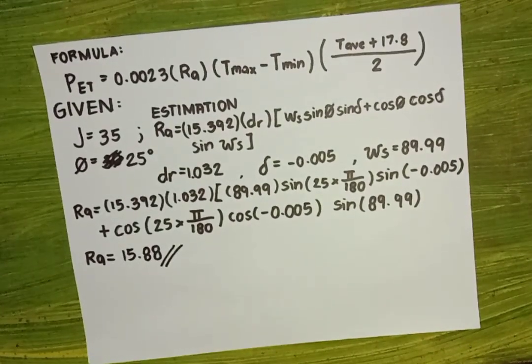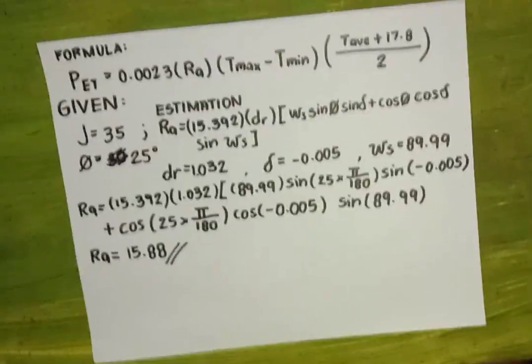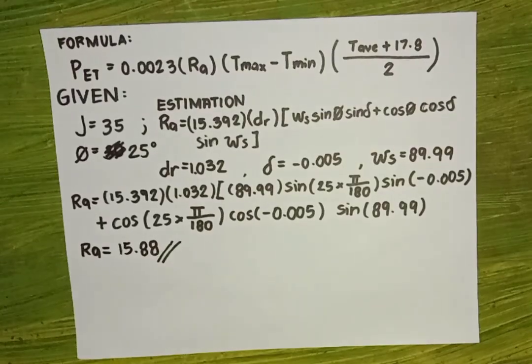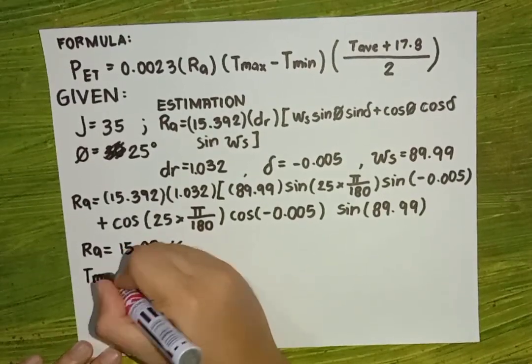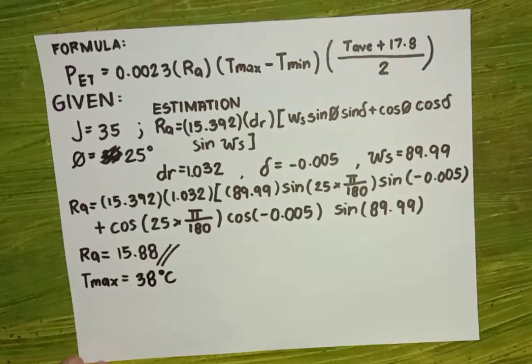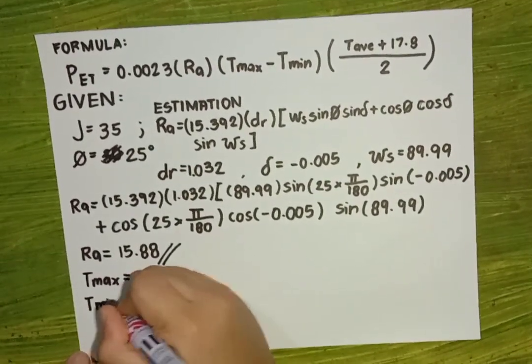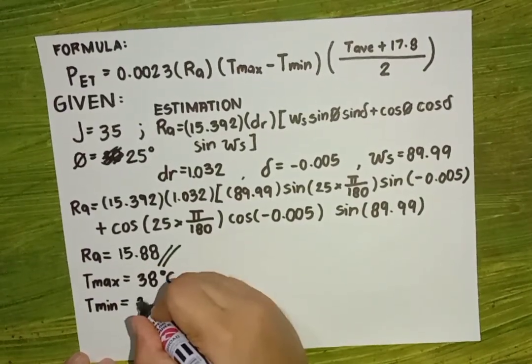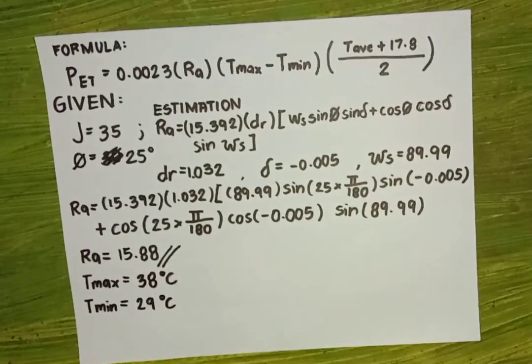Since we now obtained the value of our R sub A, we can now directly substitute it to the formula of 0.0023 times R sub A times T max minus T minimum times T average plus 17.8 over 2. Our given T max is equal to 38 degrees Celsius and our T minimum is 29 degrees Celsius.